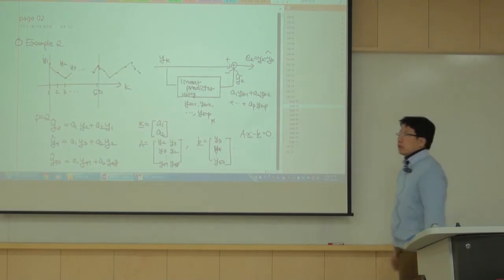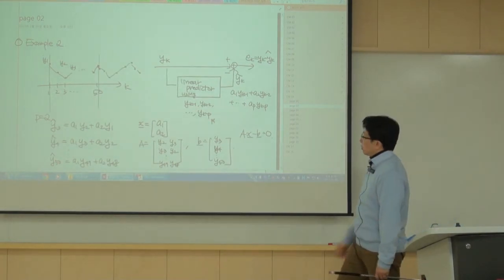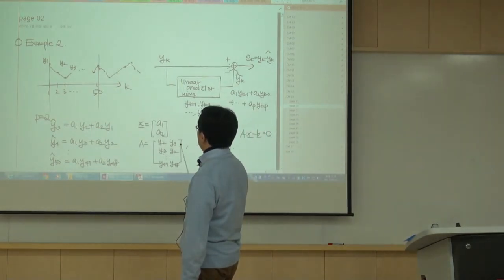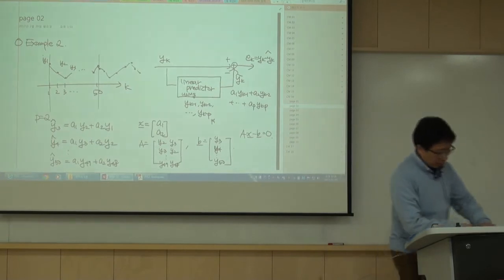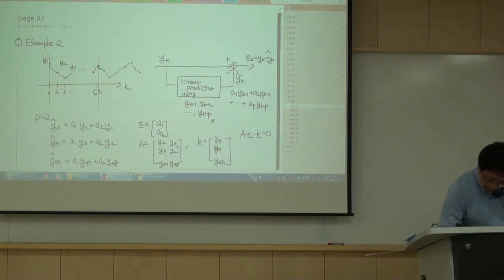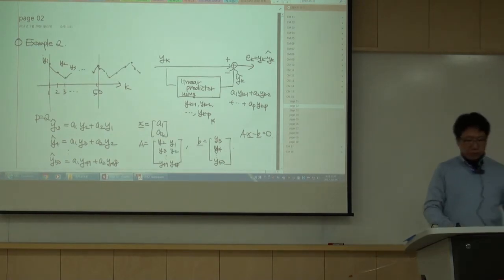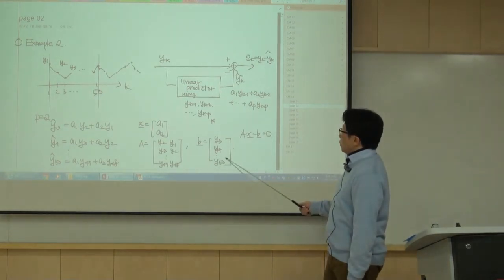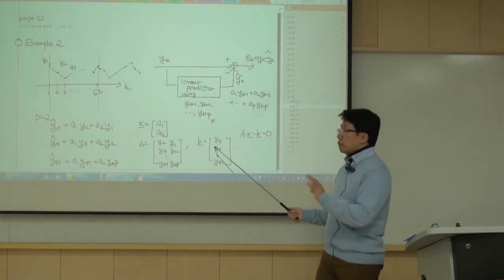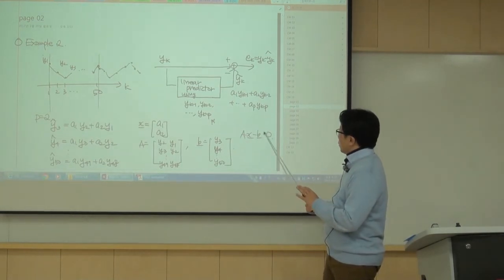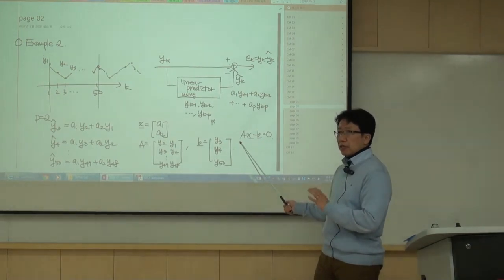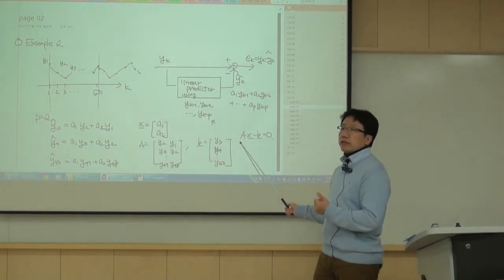Am I right? Let me see. Yeah, y1. Am I right? And also, in this case, it is justifiable that minimizing this vector is a good criterion.